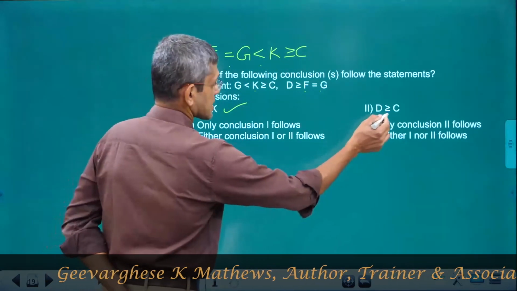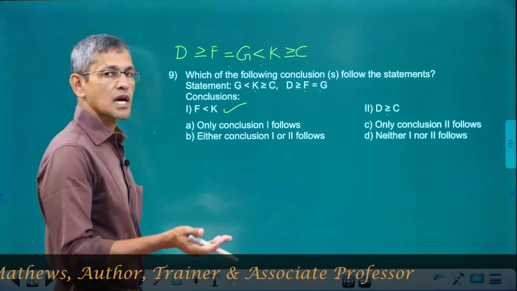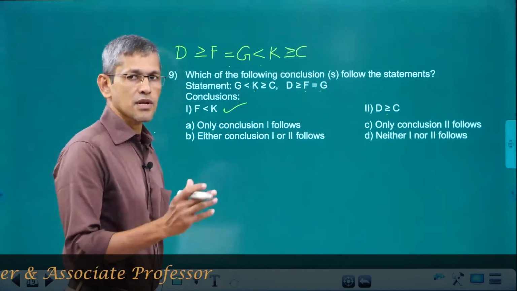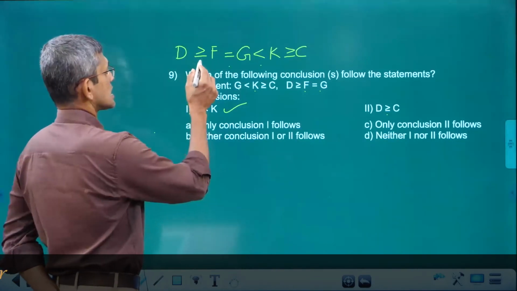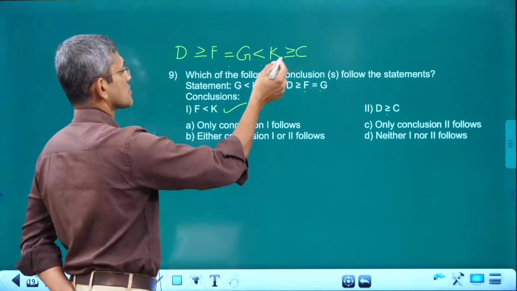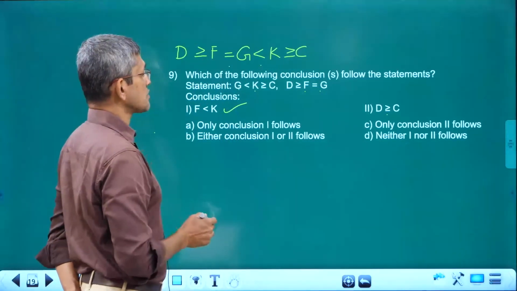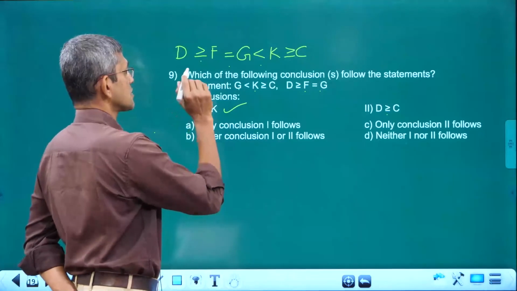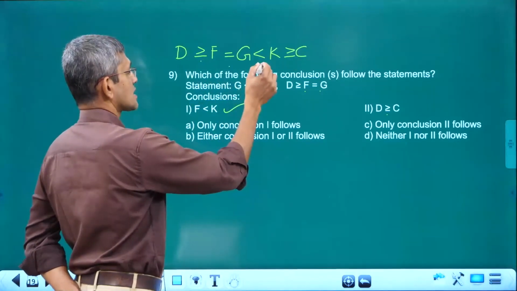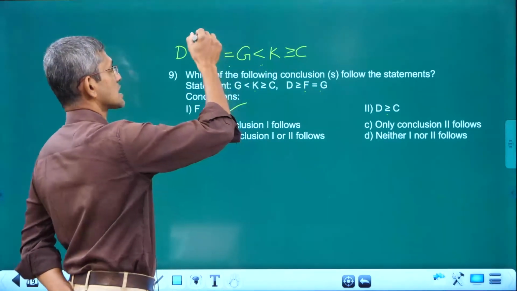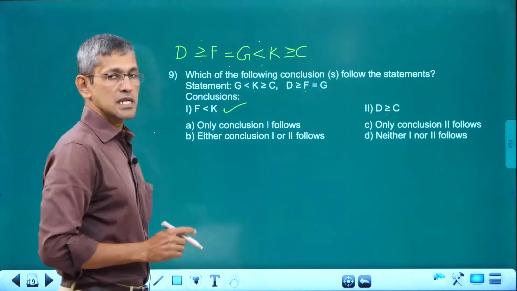D is always greater than or equal to C? Look at D. Between D and C, which are the symbols? We have greater than or equal to, we have equal to, and we have less than. The moment you see a greater than or equal to sign and a less than sign, it's contradictory.